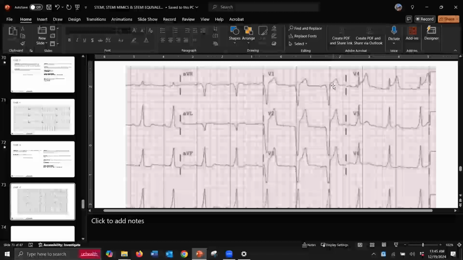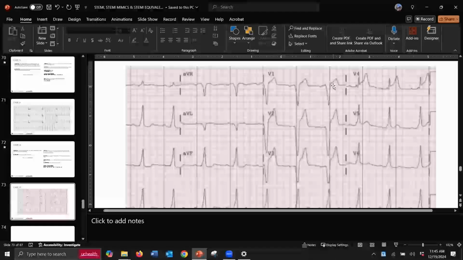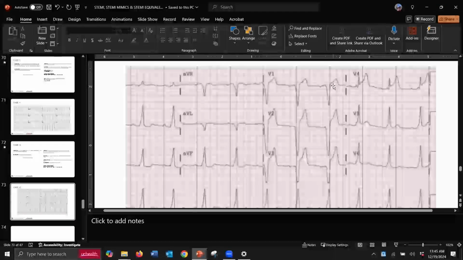See, that correlates. It wasn't that magic S1Q3T3 and a big right ventricular strain. It was a simple sinus tach. But you correlate it and develop that clinical picture. Take all of the diagnostic criteria that we have, and correlate that to the patient. It will improve our outcomes.